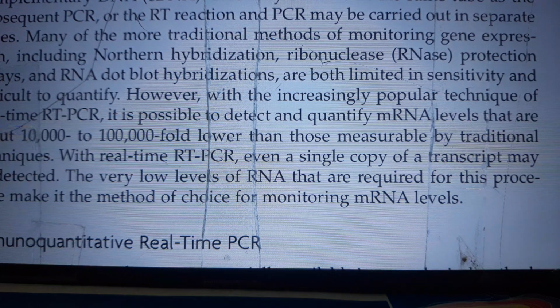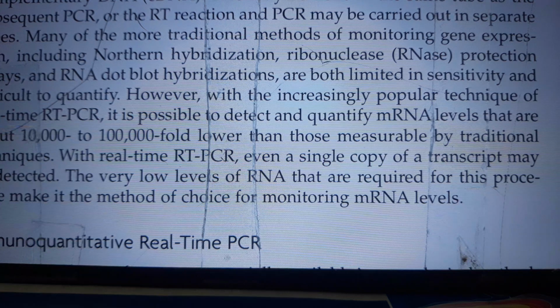However, with the increasingly popular technique of real-time RT-PCR, it is possible to detect and quantify mRNA levels that are about 10,000 to 100,000 fold lower than those measurable by traditional techniques. With real-time RT-PCR, even a single copy of the transcript may be detected.